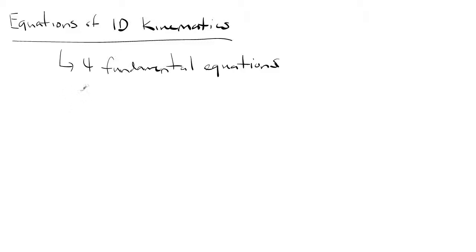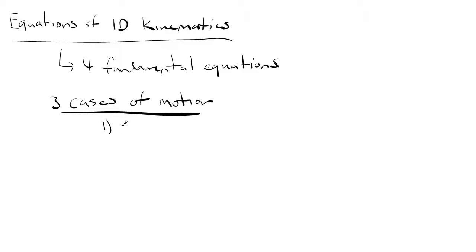But before we get into these equations, let's look at three different cases of motion, so that we can sort of build up. The first case that we're going to look at is the case of constant position.